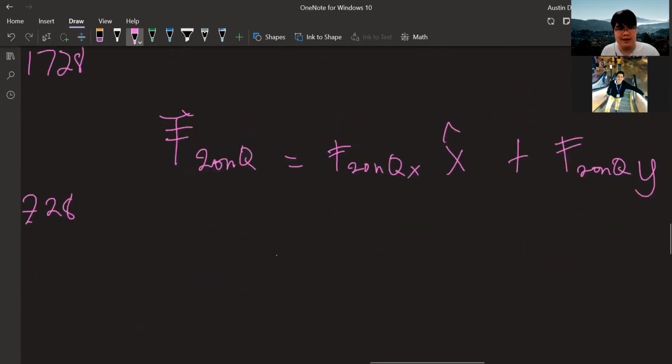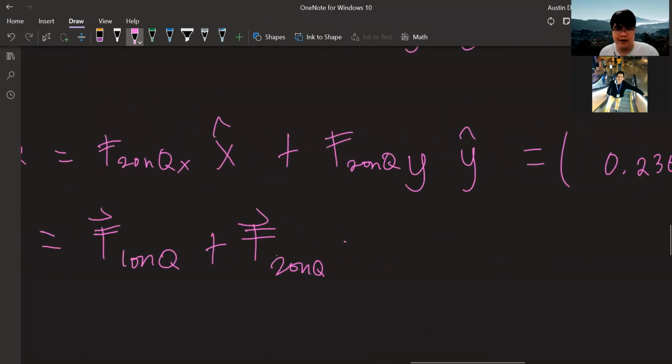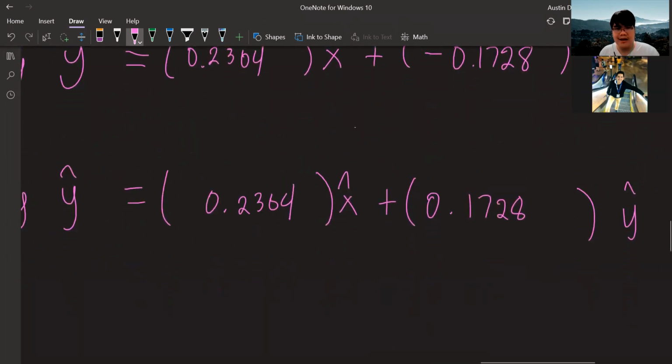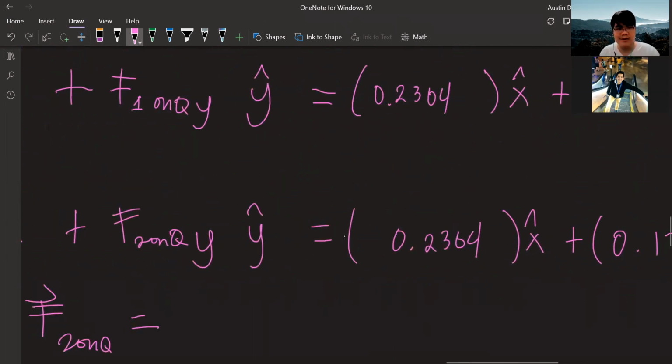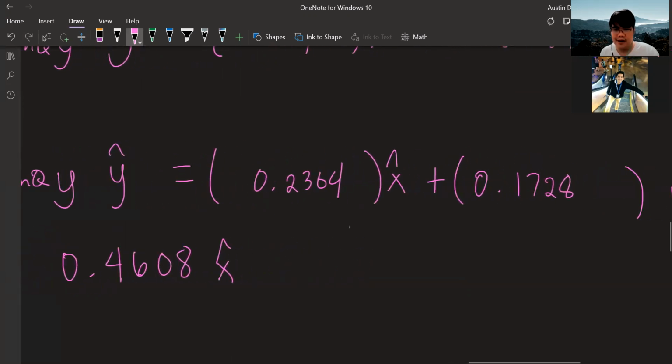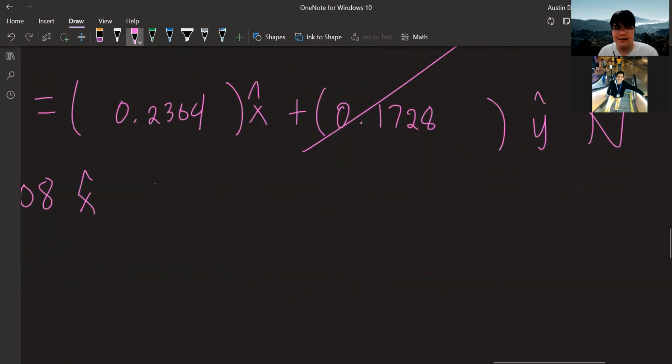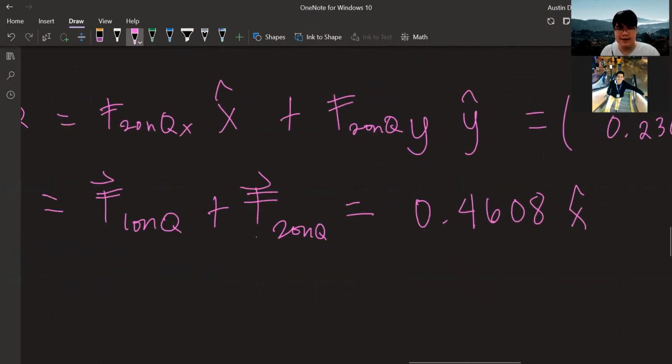Sabi nga natin, F on Q or FQ in short, is just F1 on Q plus F2 on Q. And if we're gonna add those up, mag-add lang yung X part, mag-add lang yung Y part. So the X part is 0.4608 x hat. And then the other one is, nice. Cancel out. Tama? Cancel. So walang Y part. So this is your answer.